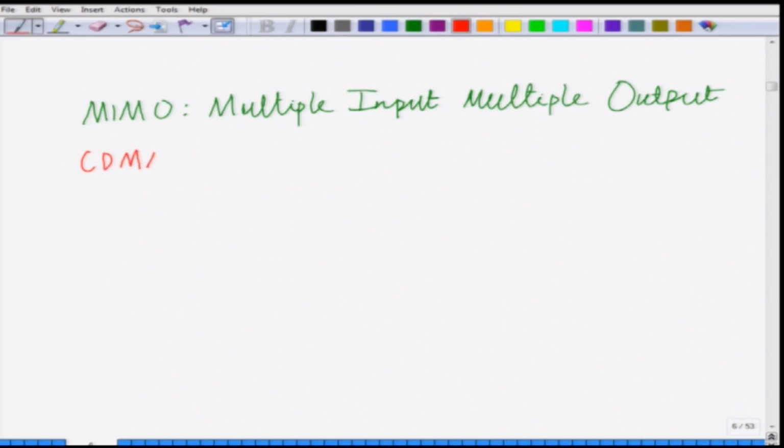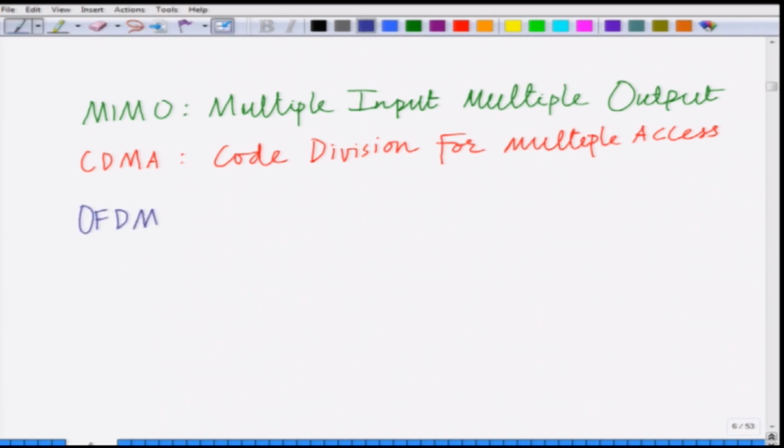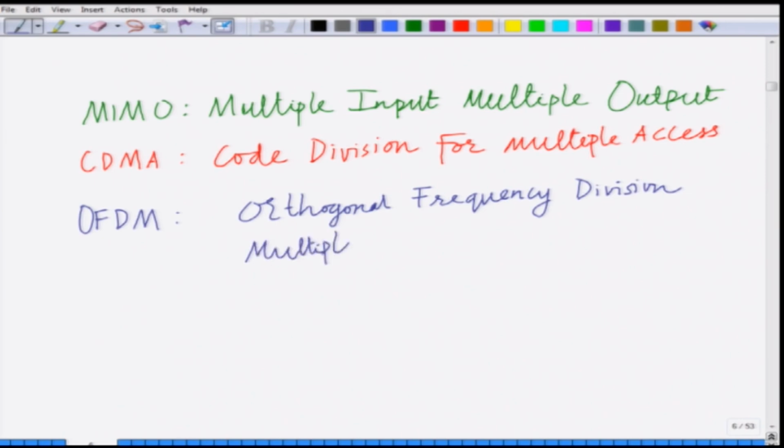CDMA, as we have already seen, stands for code division multiple access, and another important technology which is OFDM, stands for orthogonal frequency division multiplexing.